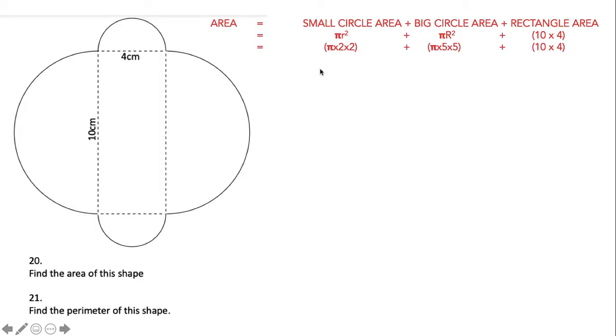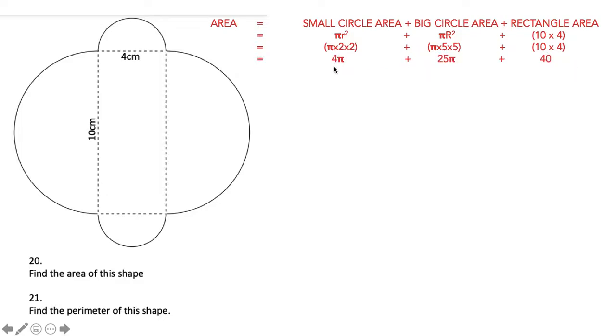So putting all those numbers in, small circle pi times 2 times 2, pi r squared. Big circle pi times 5 squared, pi r squared with the big radius. And then the rectangle is still 10 times 4.